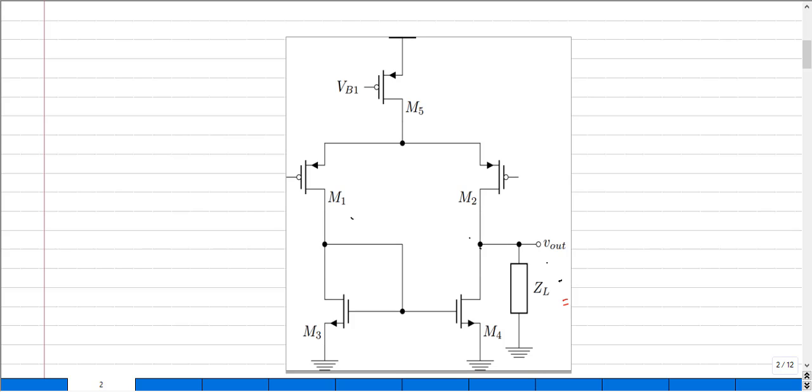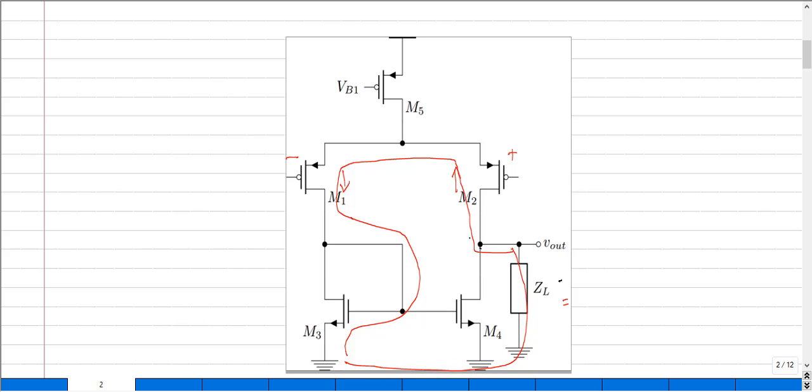When we apply a differential input across the gates of M1 and M2, a small signal current is created across M1 and M2 in opposite phase. This current has to flow from somewhere, which is basically from the output. It flows like this, comes back, steps down and goes all the way to the ground, and then gets fed back like this.